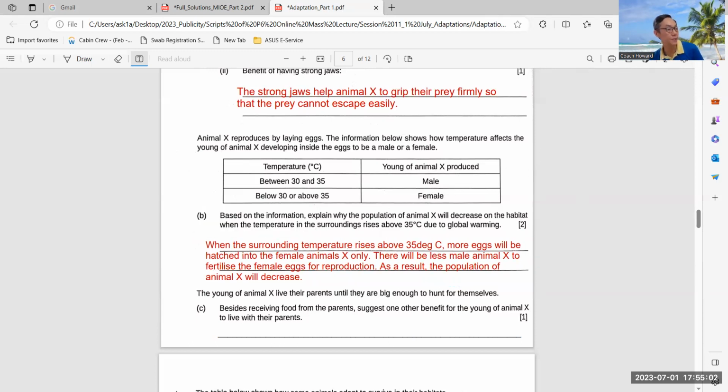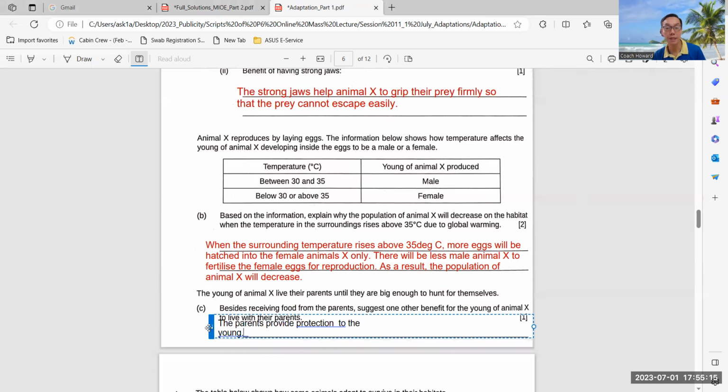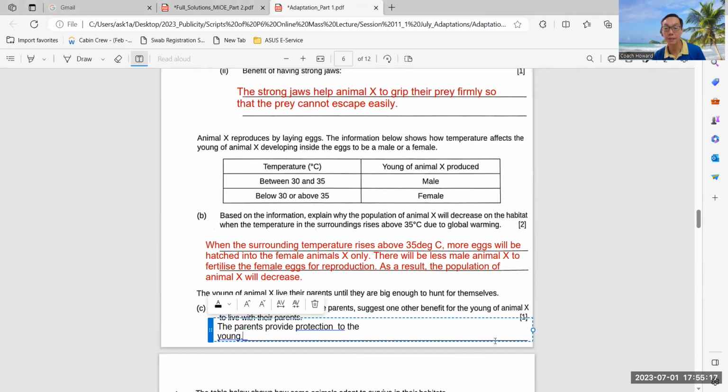Okay, next. The last one is quite easy. The parents provide protection for the young, besides providing food. So you just mentioned this part.